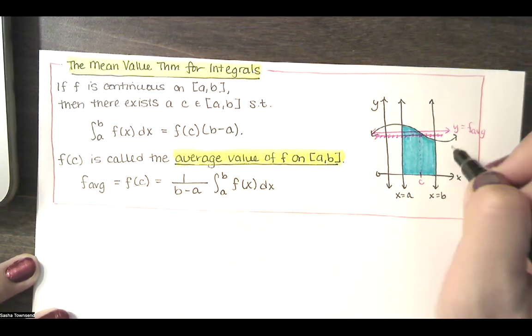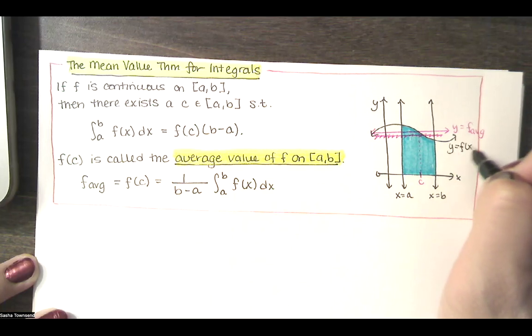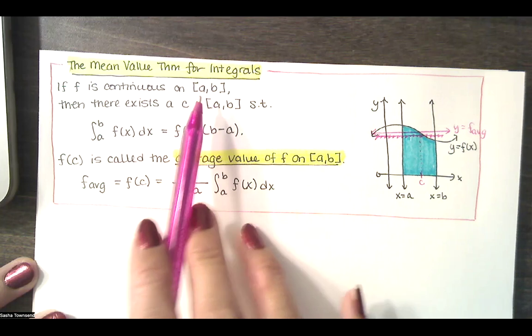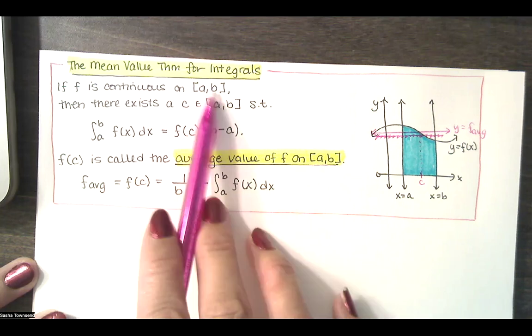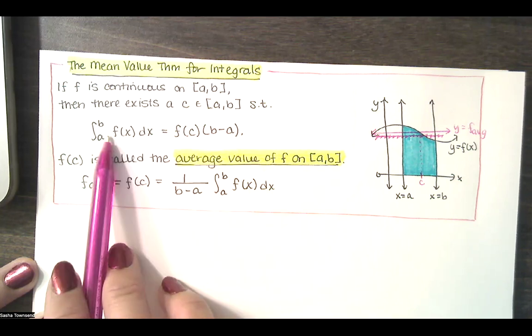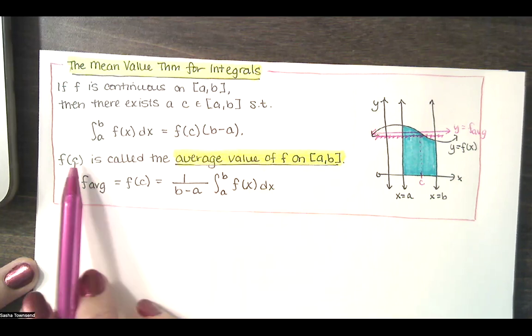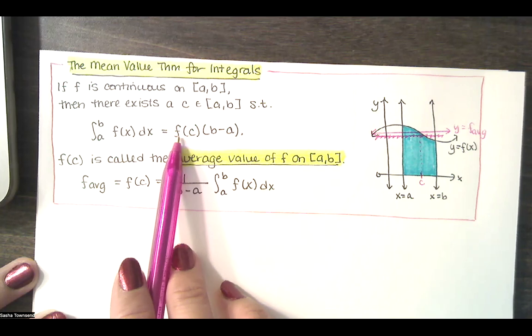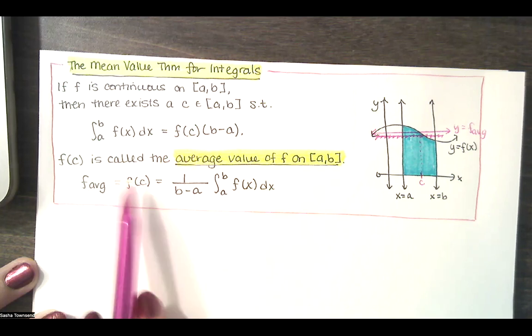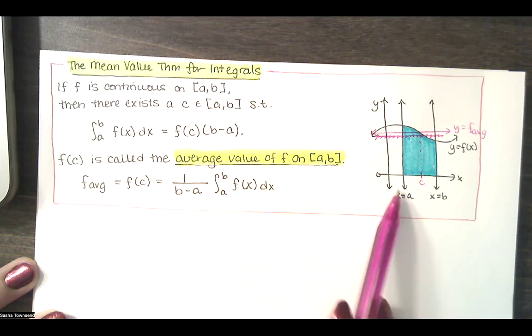So this is my y equals f of x function. Okay, the mean value theorem for integrals says that if f is continuous, then there has to be a c value on that interval where f is equal to its average value. So we have f average equals f of c, and c is between a and b.